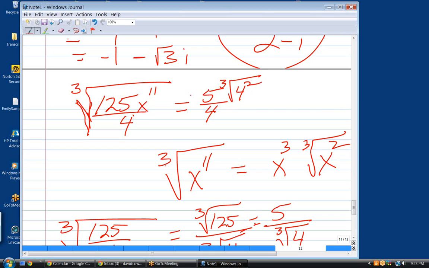And we've got an x to the 3rd out here, and we've got an x squared inside. So a little prettier way to write it is if I put the number first.